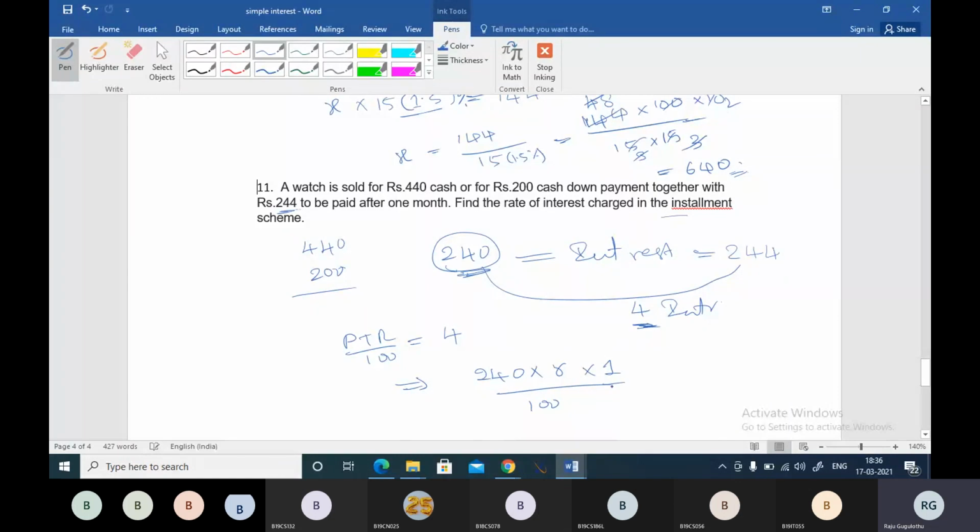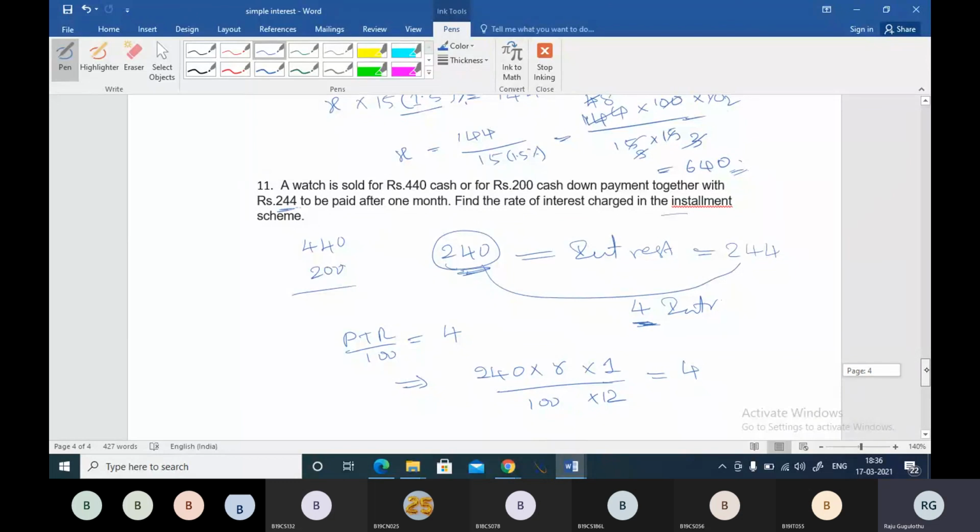But time is in months, so I have to convert 1 month into 1 year by dividing by 12. The zeros cancel, 5 4s are 20. So the rate of interest will be 20%.